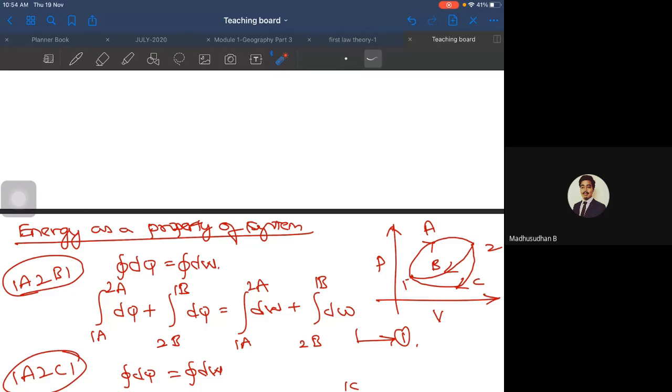That means you are not depending upon the path of the system, rather you are depending upon the points, that is 1 and 2, the end states of the system. So that's why energy is a point function, hence a property of a system. Got it? Got it, everyone? Yes, sir.